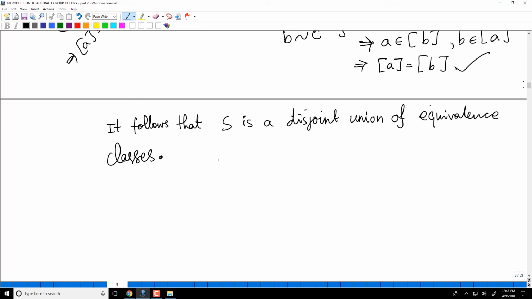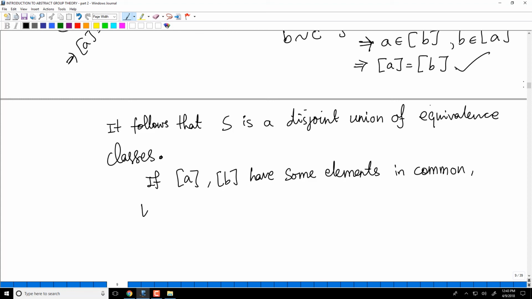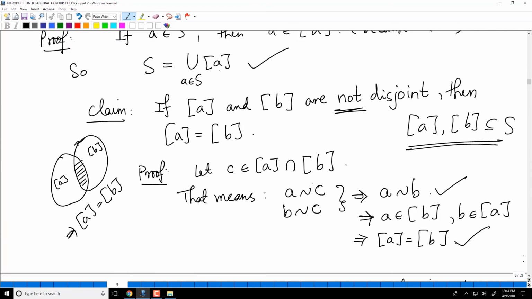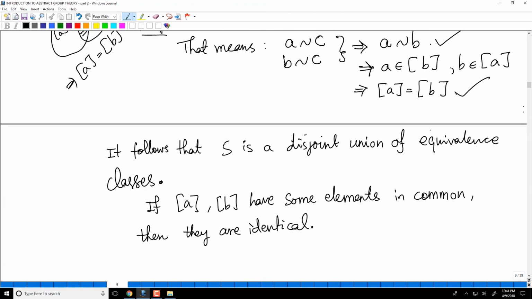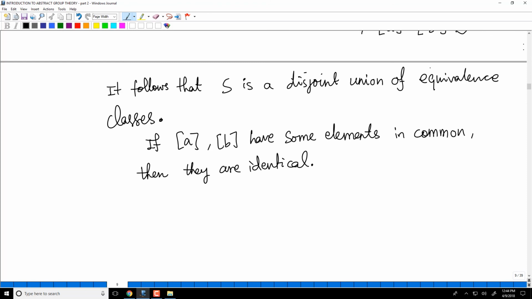Because of what we have shown, if they have some elements in common, they are identical. That's what we have shown here, right? If A and B are not disjoint, in other words, they have something in common, they are identical. So if you have two equivalence classes that have some elements in common, they are identical.